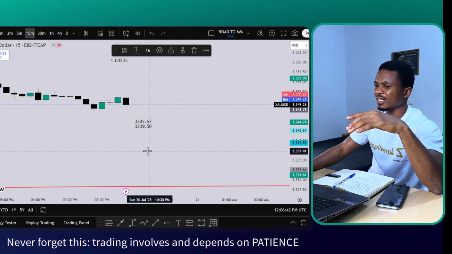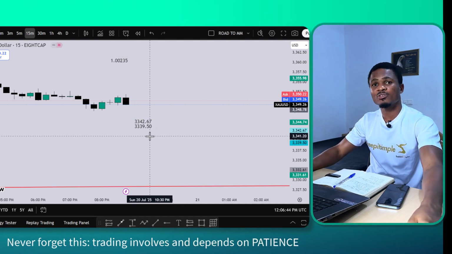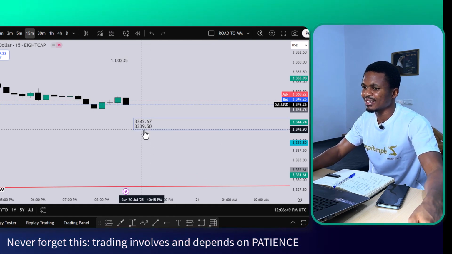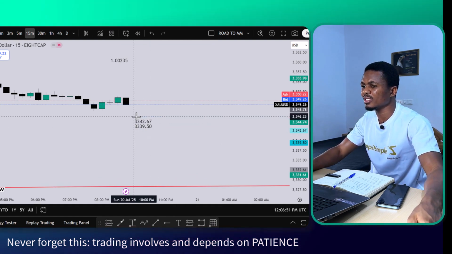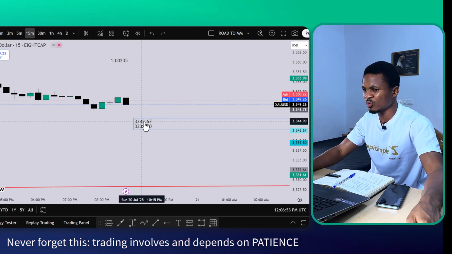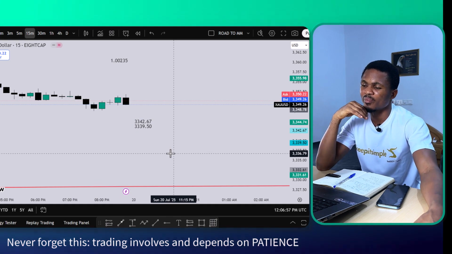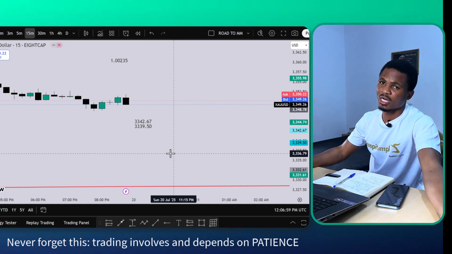So if you want to calculate the pips of this, what you have to do over here is to subtract this 3339.50 from the top one, which is the 3342.67. Whatever value you get is going to be your pip that you are looking for.